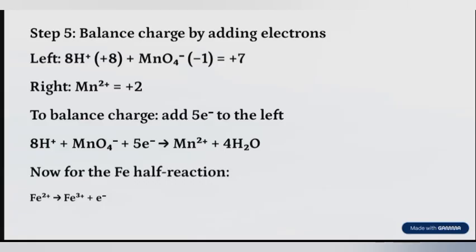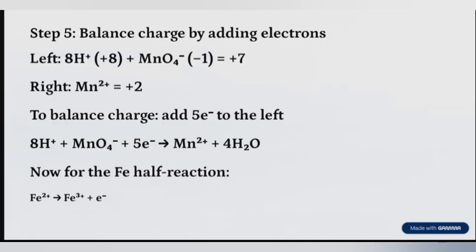Where did you get the -1? The charge up there, that minus that is up there, at the MnO4. Yes, MnO4 minus. Okay, but I thought you said this is -2.